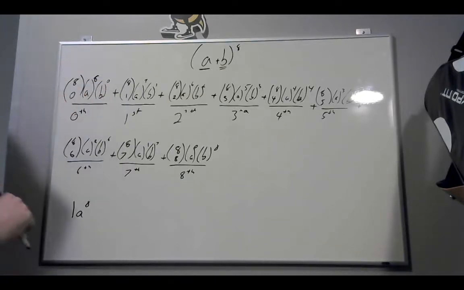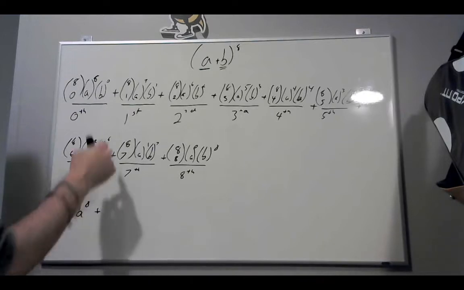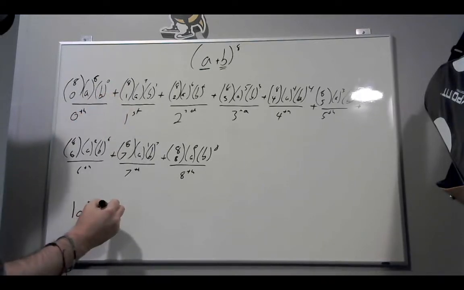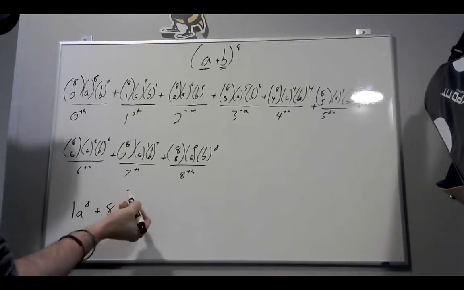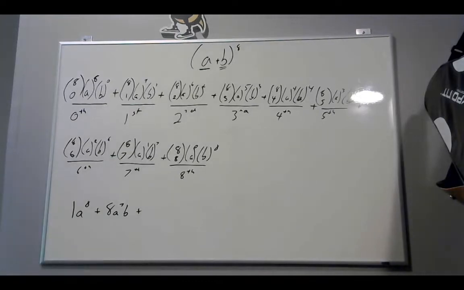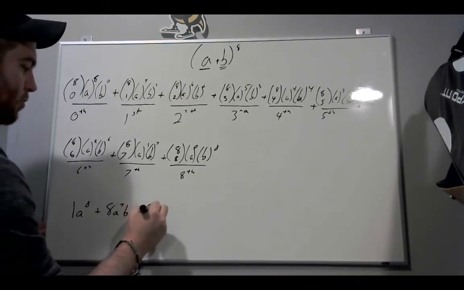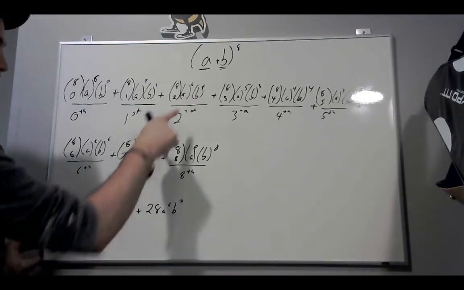B to the 0 is 1, so I don't need to write that. 8 choose 1 is 8. A to the 7th, B to the 1st power. So 8 choose 2 gives me 28. A to the 6th, B to the 2nd power.